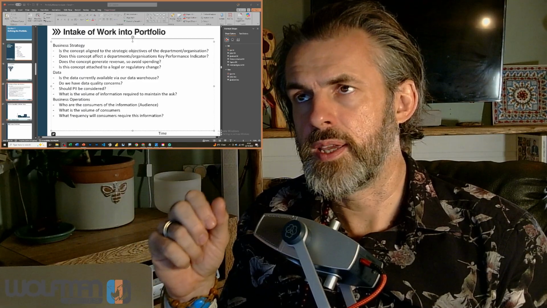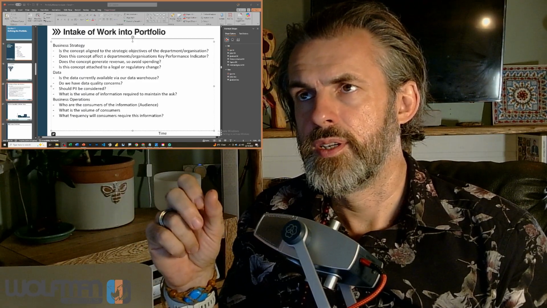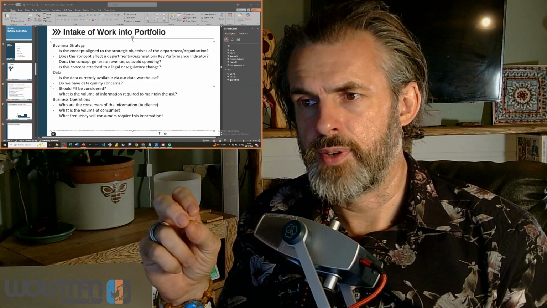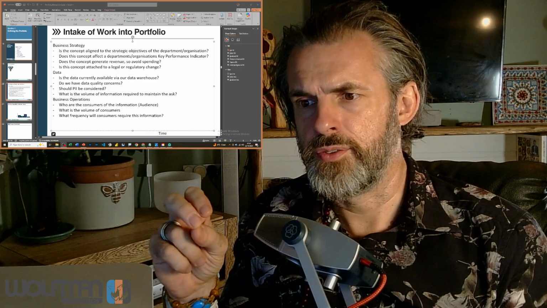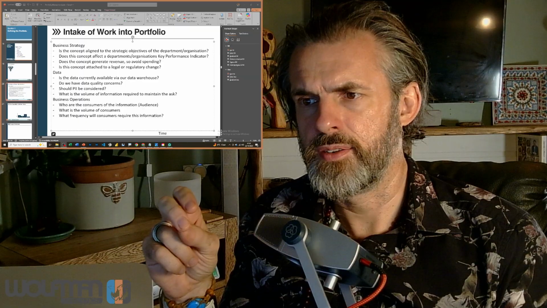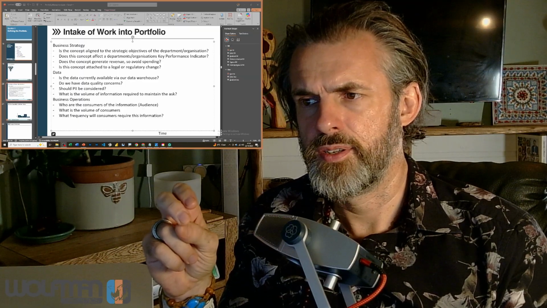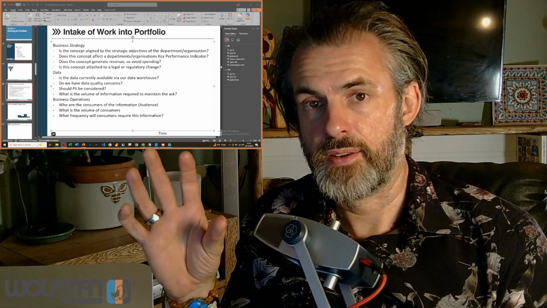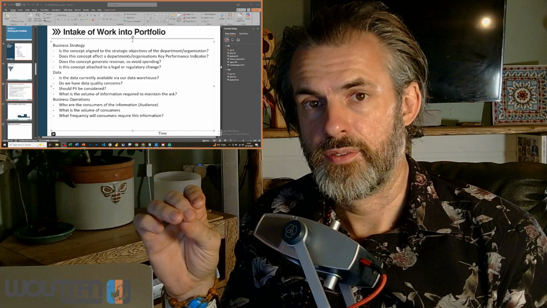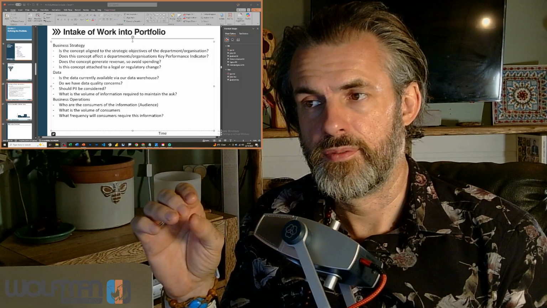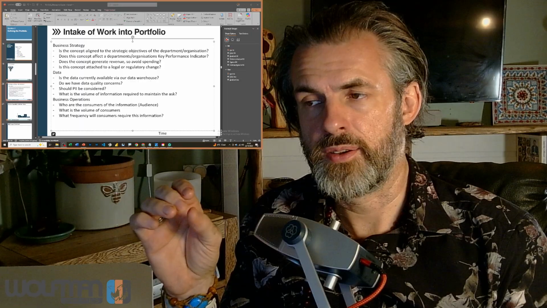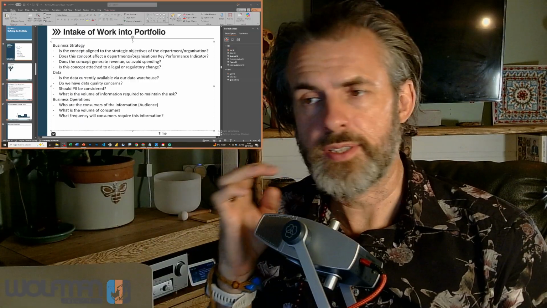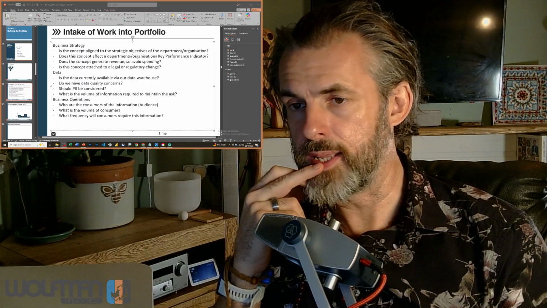Okay, we need to be thinking about this in two different ways. There's the value and there's the risk of doing it. So are there two different questions we're asking here of these things? What's the risk and what's the value? Then we have our prioritization matrix, which is where we want to get to with this.